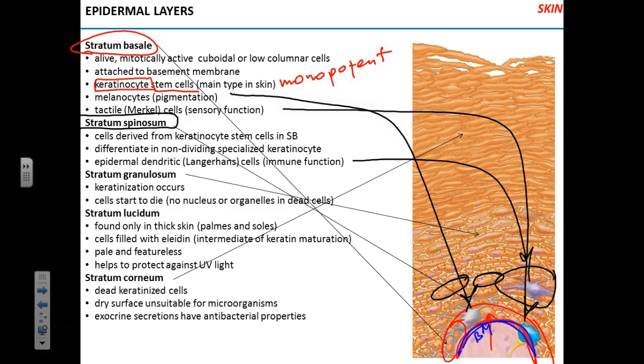Langerhans cells represent your first line of immune surveillance, which makes perfect sense. Think about how many infections can be acquired through the skin. You want an immune outpost in the skin that could detect those infections early.